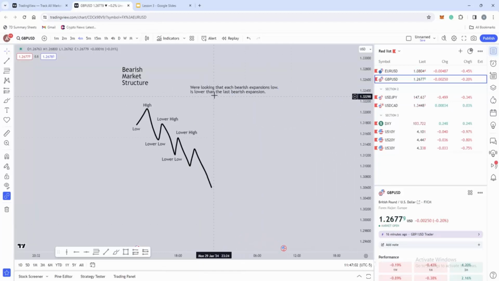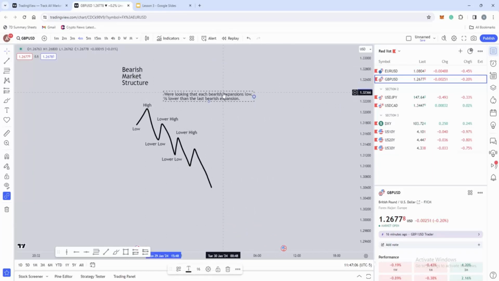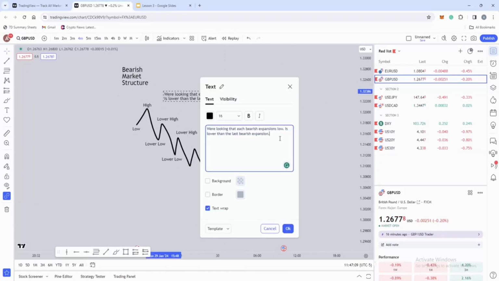That's what we want to find within each bearish expansion. And the reason is the same reason as for the bullish market structure. The reason is price wants to reprice lower, so it's going to target the recent sell side liquidity.